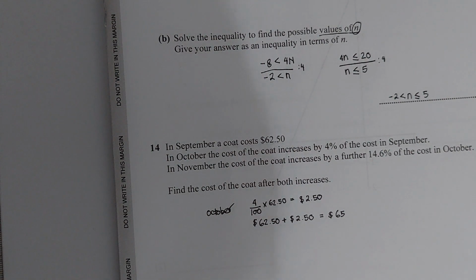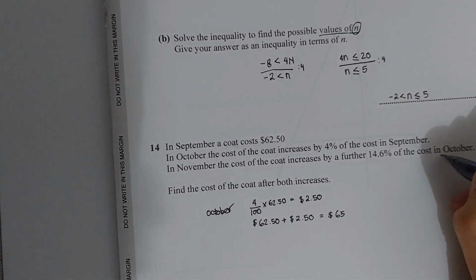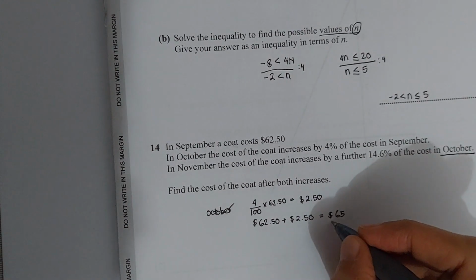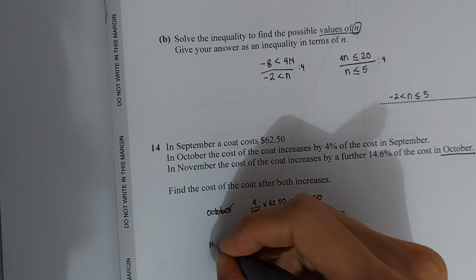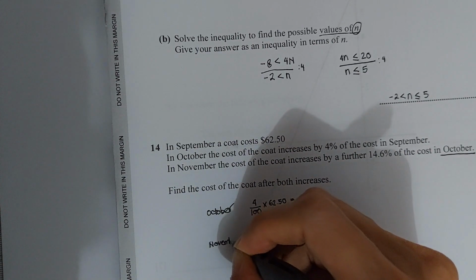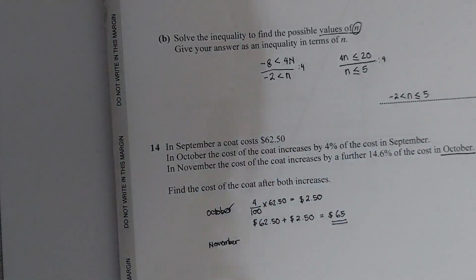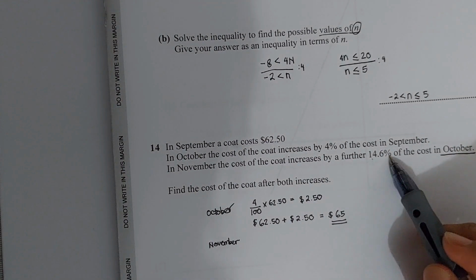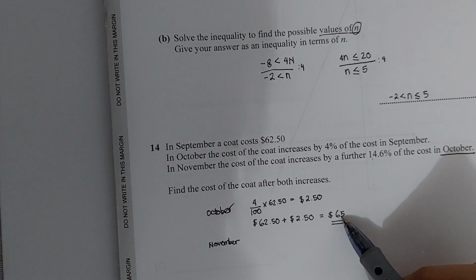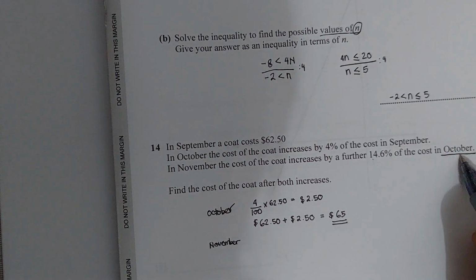After that, in November, the cost of the coat increases by a further 14.6% of the cost in October. This one is the cost in October. So to calculate the increment for the November, you will times the percentage 14.6% by the 65, the cost in October.